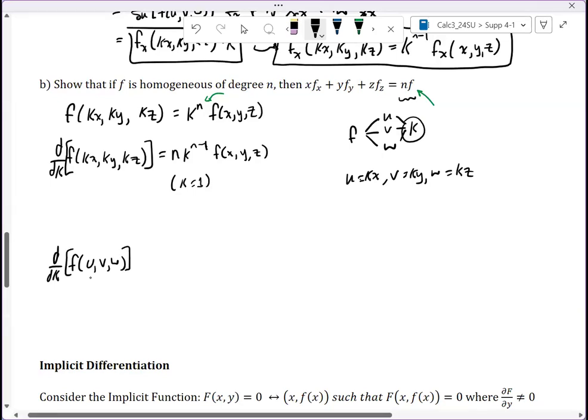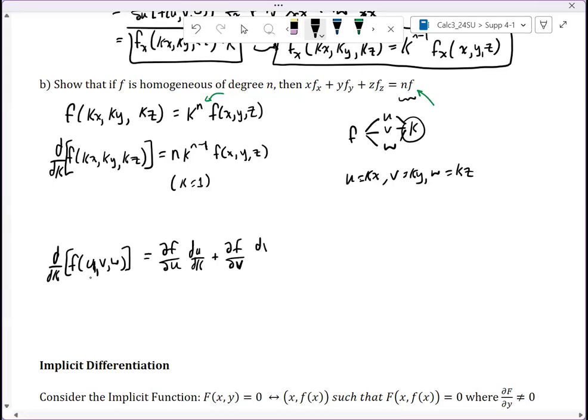So what's d/dk of f(u, v, w)? Well, that is partial of f with respect to u times du/dk, plus partial of f with respect to v times dv/dk, plus partial of f with respect to w times dw/dk.